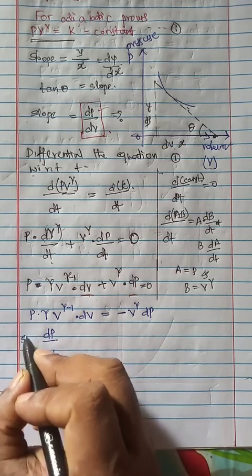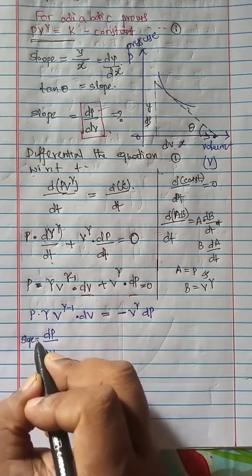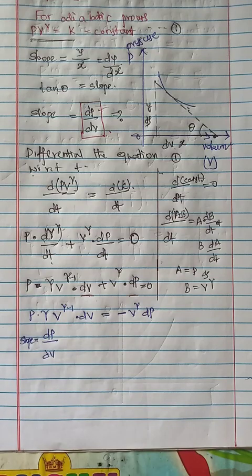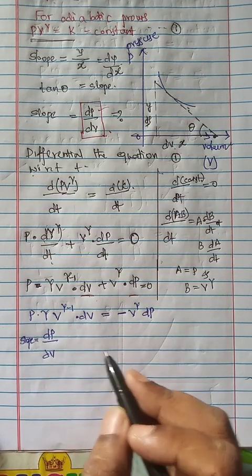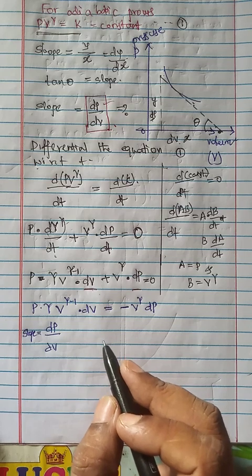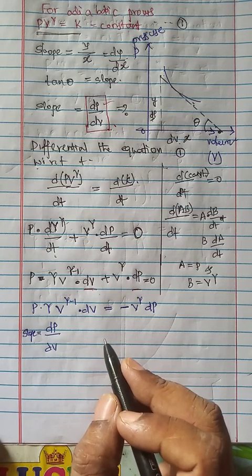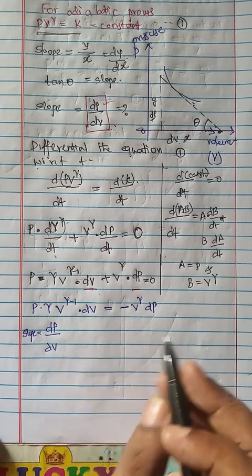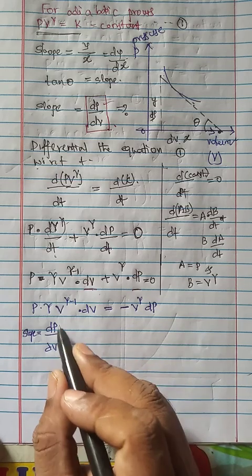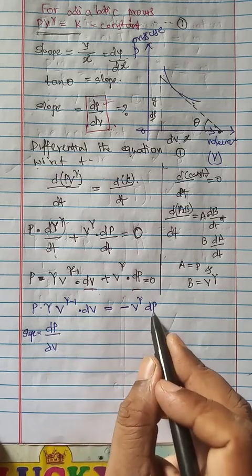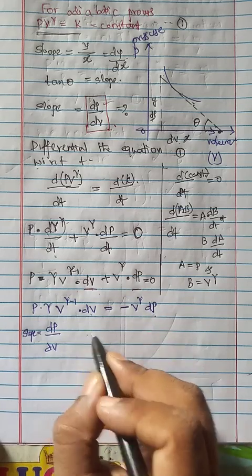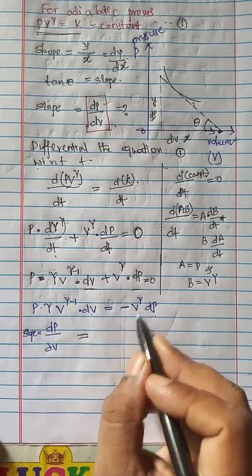Since dP by dV is nothing but the slope of an adiabatic curve. My intention is only that, how to get the slope of an adiabatic curve. Then next, dP by dV is equal to dP here, dV here, so other things you should bring towards this side.